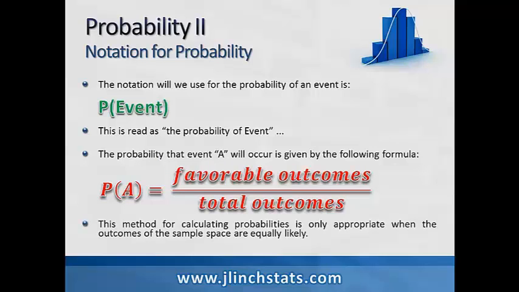Now this method for calculating probabilities is only appropriate when the outcomes of the sample space are equally likely. When we have a sample space and the outcomes in the sample space are equally likely to occur, the probability of an event occurring is equal to the favorable outcomes divided by the total outcomes.